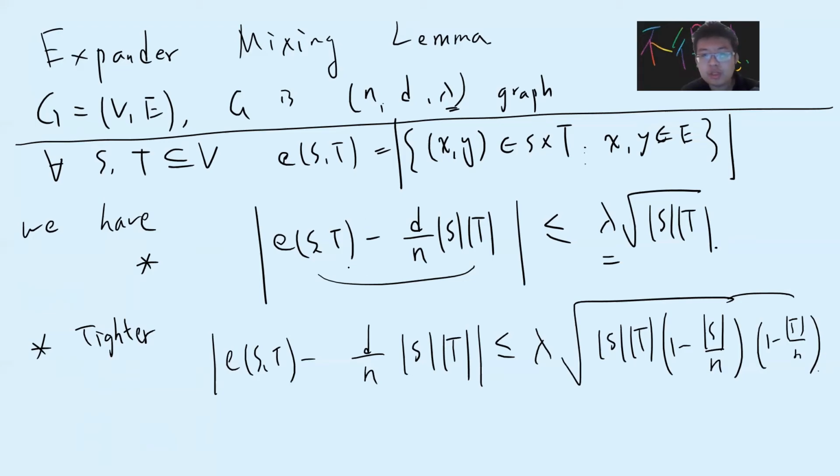The idea is to express this in terms of the adjacency matrix and use Cauchy-Schwarz. Since you know the maximum of the second eigenvalue, you can use this property to bound the quadratic form of the adjacency matrix. So let's go to the proof.